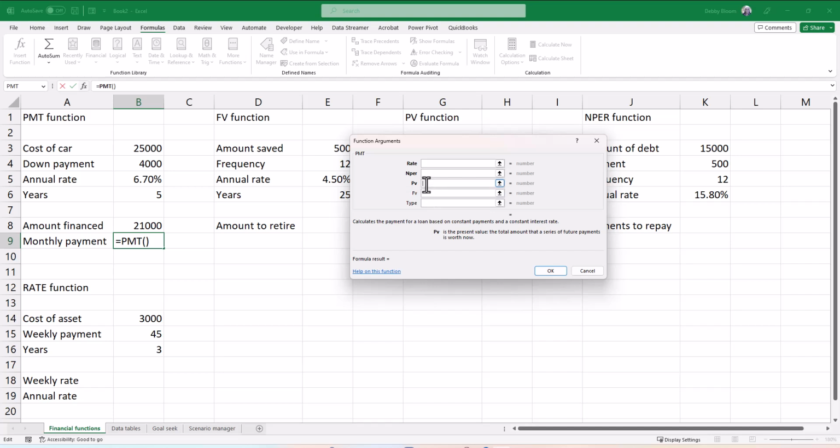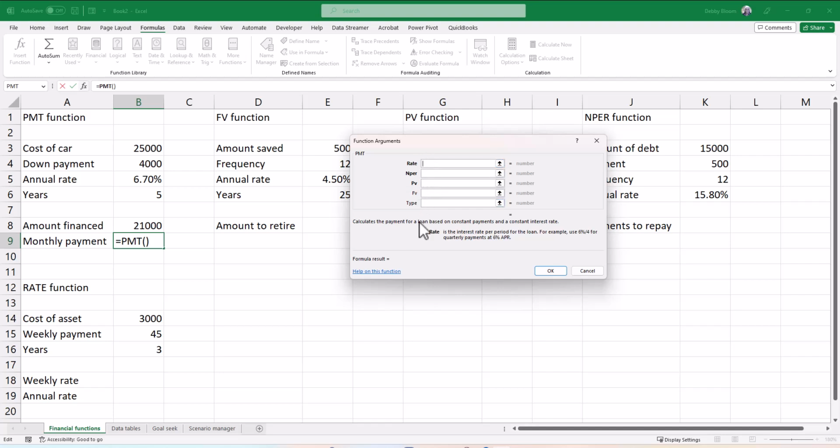Then PV becomes the amount that you're going to finance today and pay back later, for example, a house or a car loan. If you wanted to save for retirement, instead of putting the amount in PV, you put it in FV because that would be the amount that you wanted to attain after you retire.